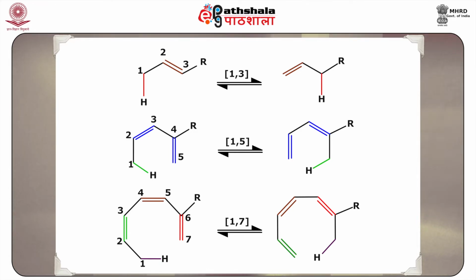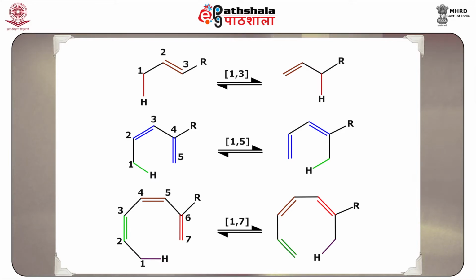Sigmatropic rearrangements [1,n] are common for hydrogen atom shift, with known examples of n equal to 2, 3, 4, 5, 6, 7 and even for longer chains.